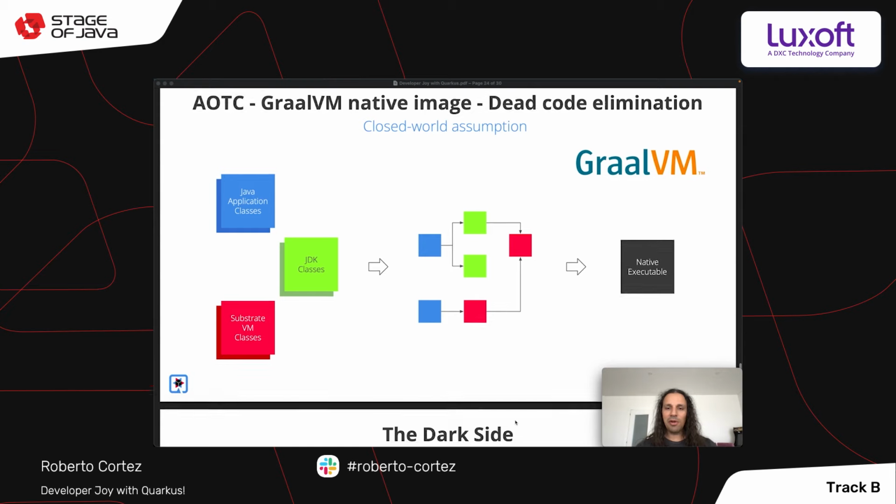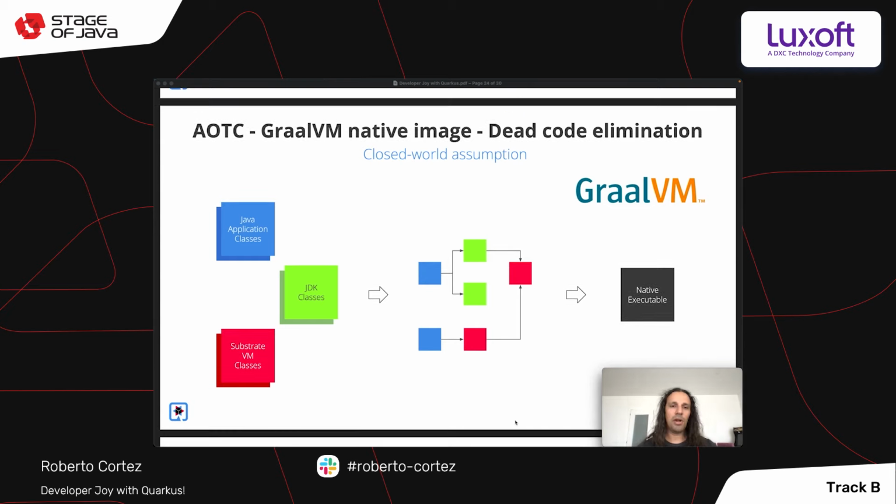So maybe you heard about this thing called GraalVM or not. So GraalVM is a really interesting project. It came from Oracle Labs. It's a polyglot VM, so it's able to run things like Java, of course, but not only Java, it's also able to run Ruby, Python, JavaScript, and a few other languages. But they also have this capability to pick up your application and build it completely as a native executable.